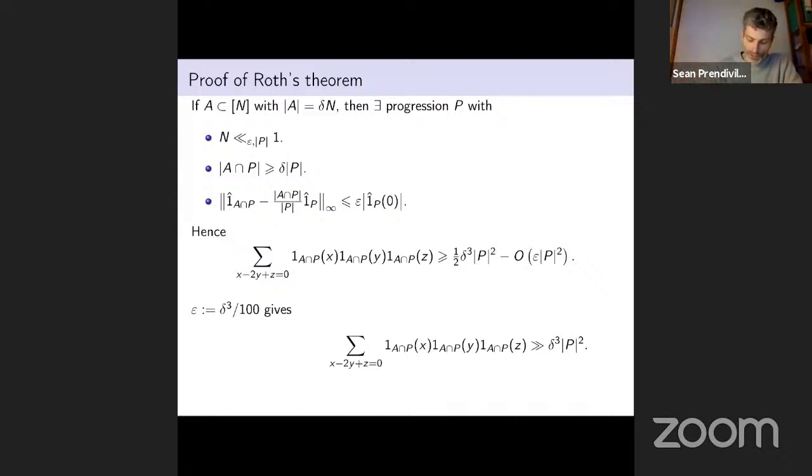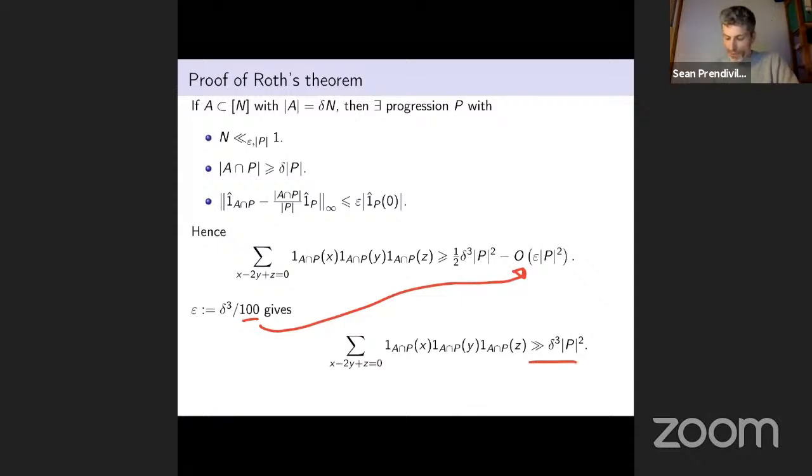This 100 here is completely arbitrary, and I've made it up. 100 depends on the implicit constants in this big O term. Maybe you need to take 1 over 1 million, I don't know. Just to fix ideas, imagine we can take delta cubed over 100, and then we get this lower bound. The number of three-term progressions is, up to implicit constants, delta cubed times the length of the progression squared.